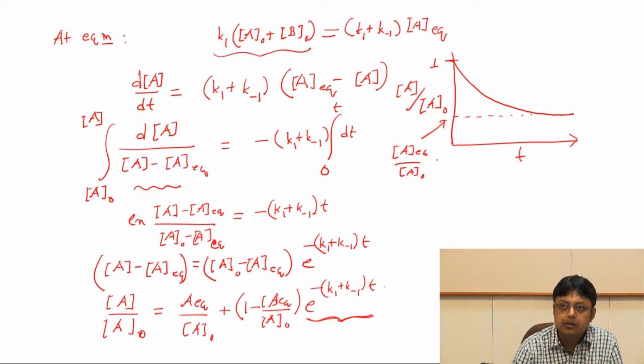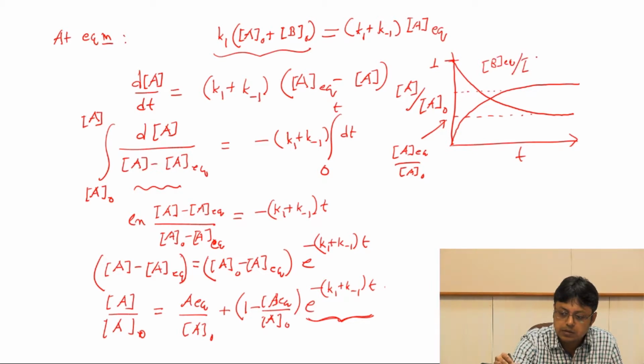And similarly, the B concentration will increase. Initially, if you think that the B concentration was 0, it will start from 0. Although we did not take B to be 0, we can always put B0 to be 0, and then that will increase and reach an equilibrium value for B, which will be nothing but B equilibrium, but we are scaling everything with respect to A0, so it will be B equilibrium by A0.